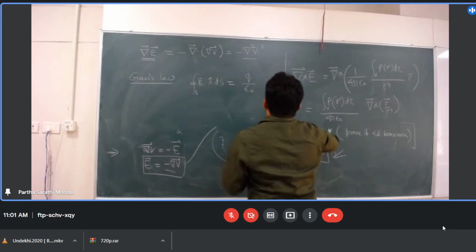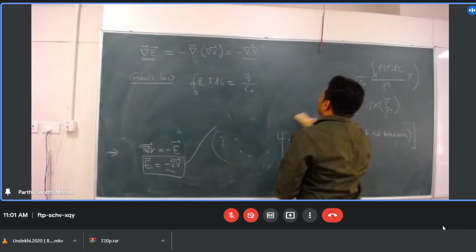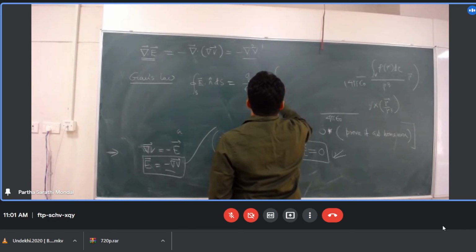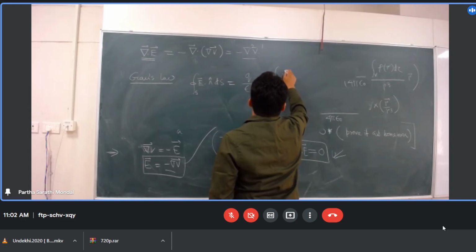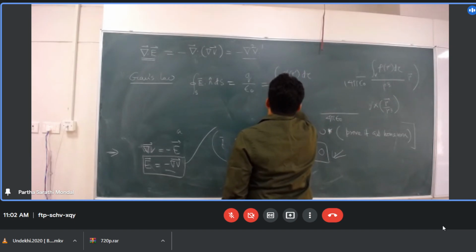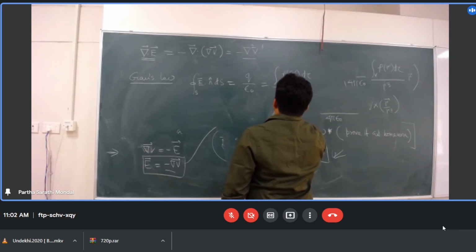Now we know that total charge you can write in terms of distribution. Let's say it is a volume distribution, so it will be rho r dot d tau divided by epsilon.